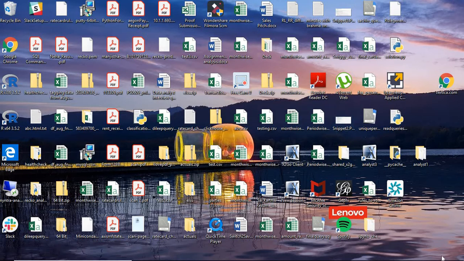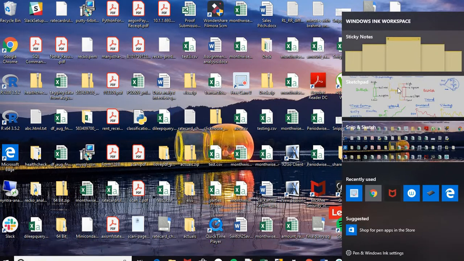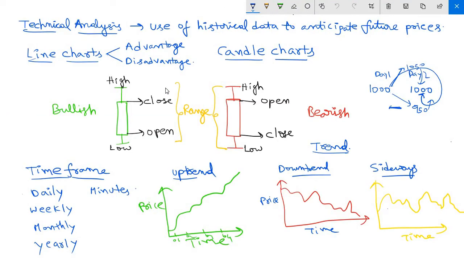Okay, so in the last video, we have seen about line charts. We have seen how the line charts work and what the advantages and disadvantages are. And we ended with the notion that on a particular day we cannot know what happened in the pricing, we will not be able to get the details of what happened on that day, but only the end result.